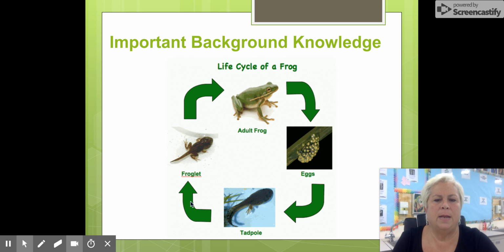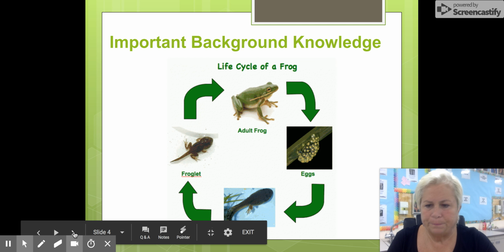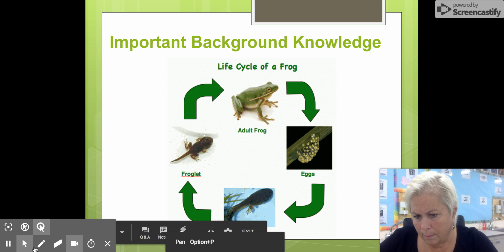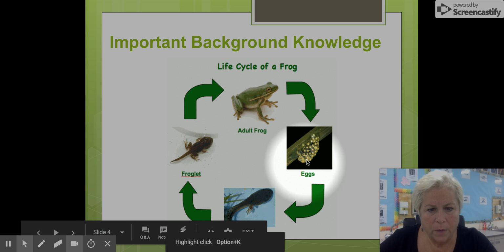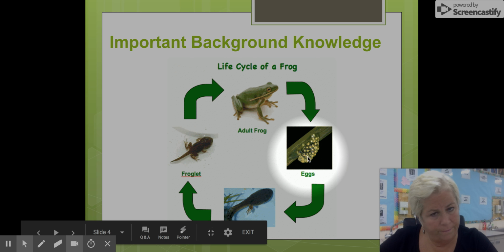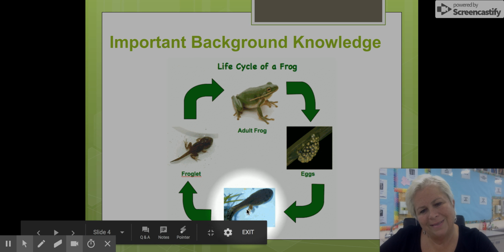And if you think about it, the legs, let me show you here. If you notice, eggs don't have legs yet, but the next stage, the tadpole, they do have these little, they're starting to have little legs.